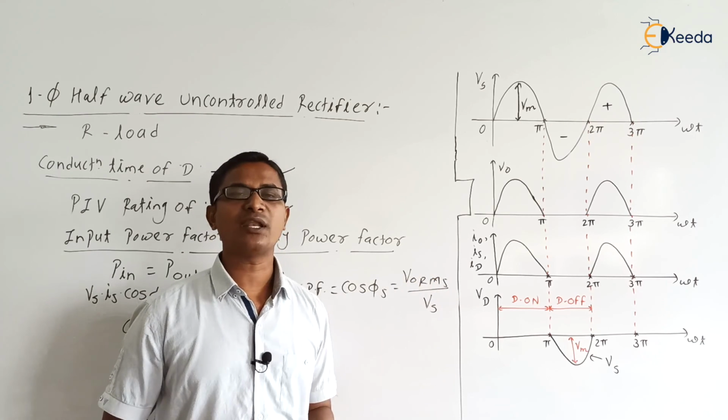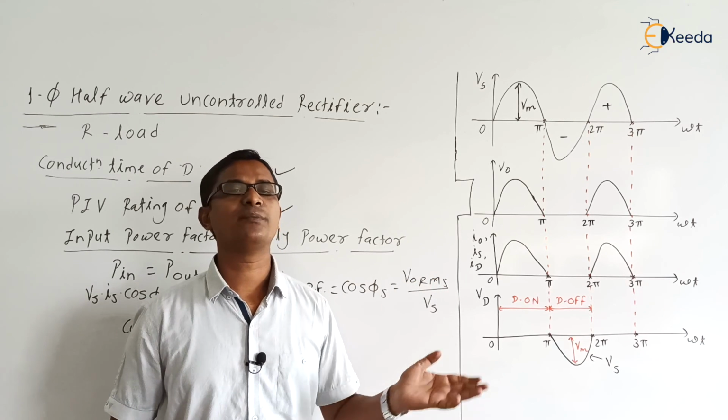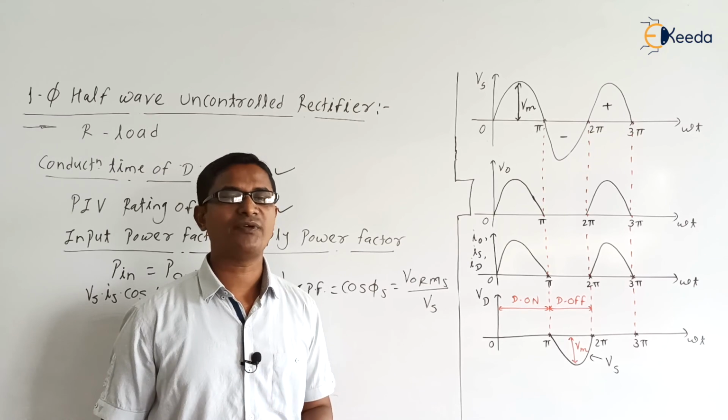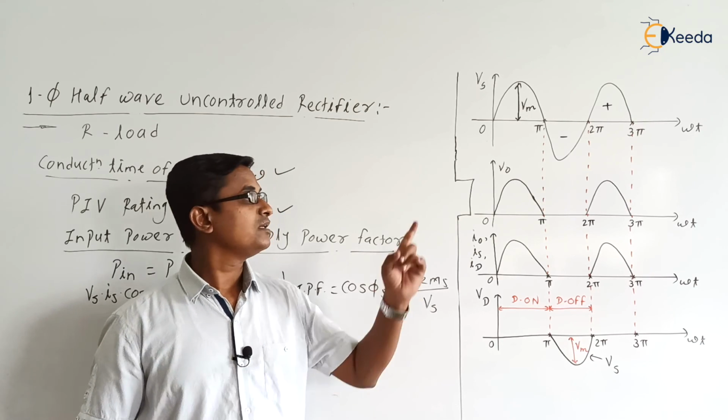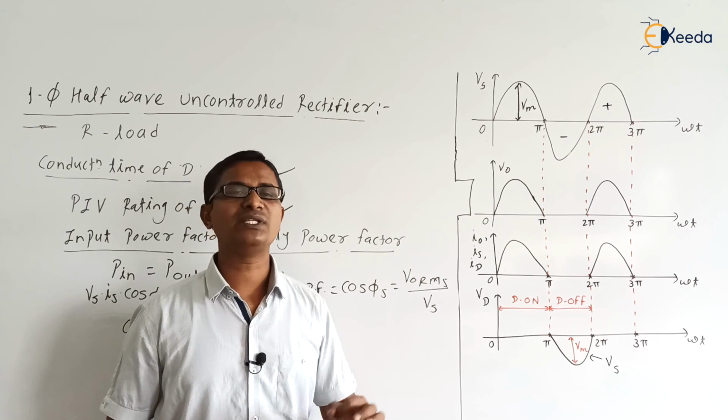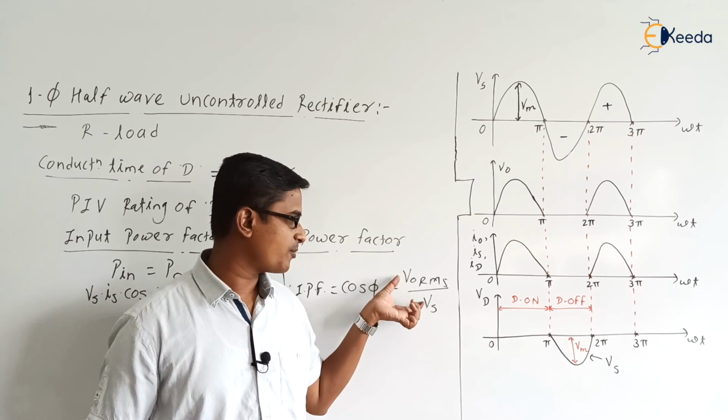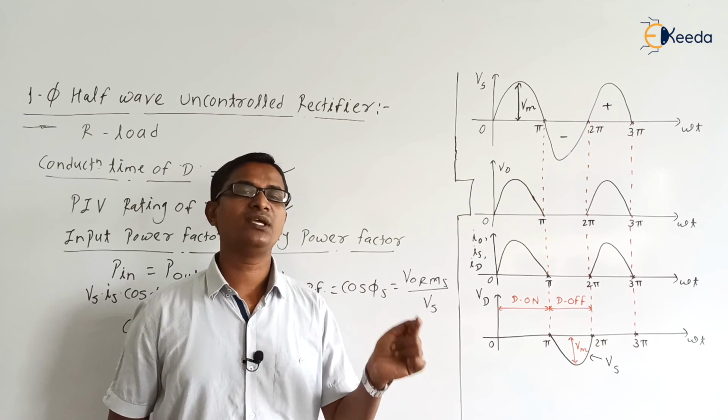You can replace V0 RMS with Vm by 2, which we derived, and from this you can find the power factor. Always keep in mind, in the case of a rectifier, the power factor is always lagging. Whatever you get after putting in the values, that power factor will be lagging only.